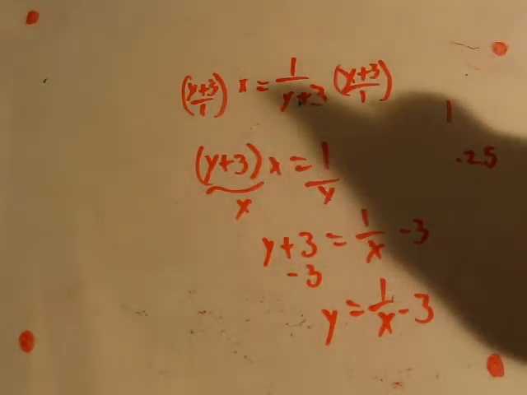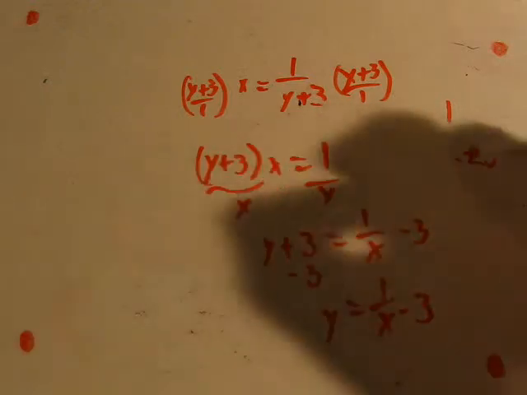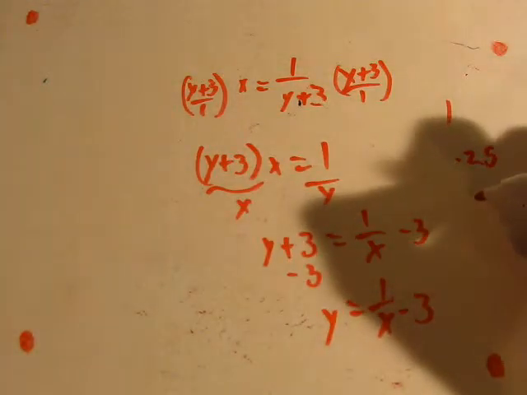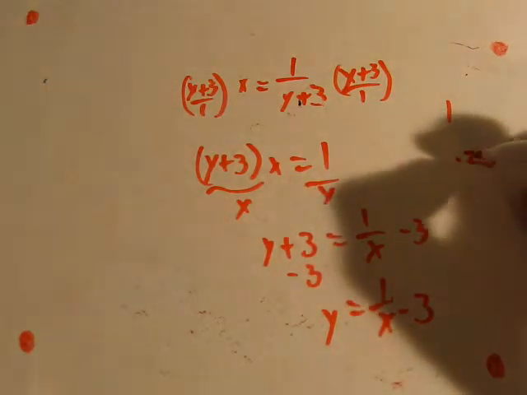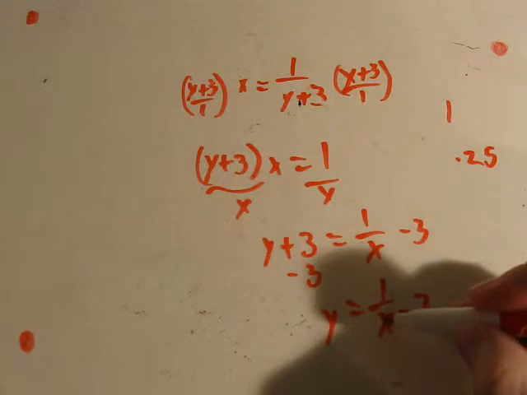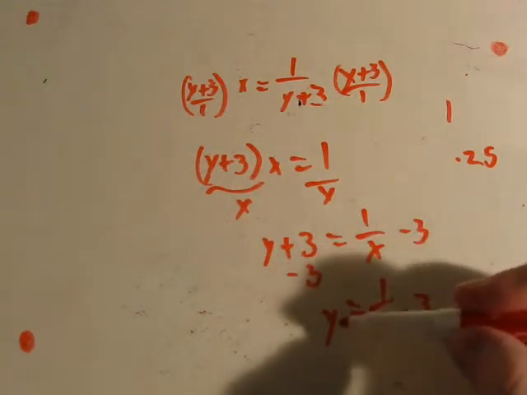So now, this time, we can plug in 1 over 0.25, which is 4. Subtract 3, we get 1. Notice, I plugged in 0.25 into x here, followed the function, I got 1.